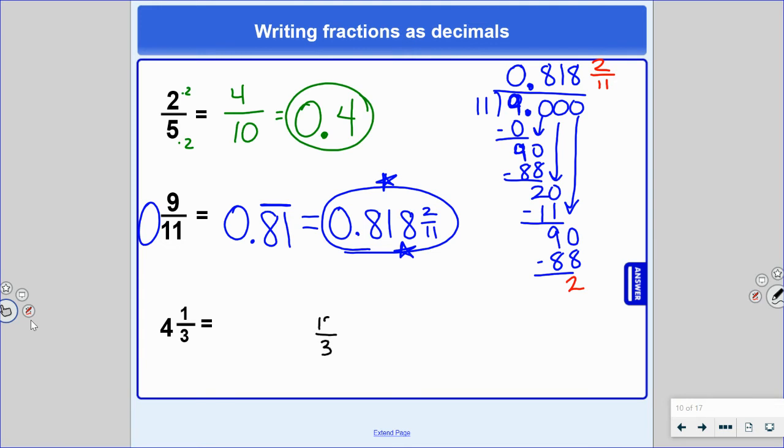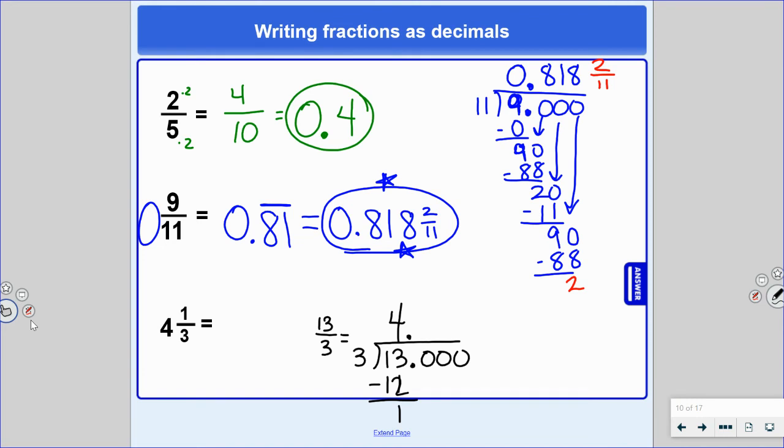Option number 1 is to change it to an improper fraction first, which I gotta admit, I kind of like. And I kind of like it because at this point, I can write, well, of course it's 4 wholes because originally it said there were 4 wholes there. And of course there's one left over because originally it said there was 1 piece left over.